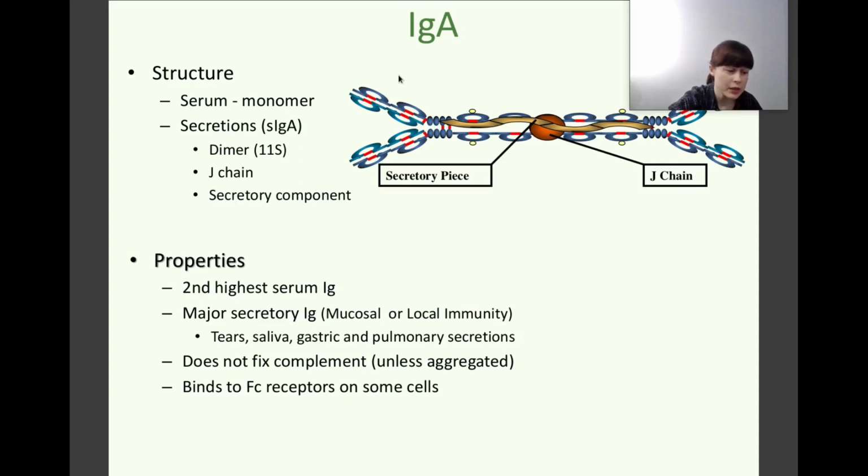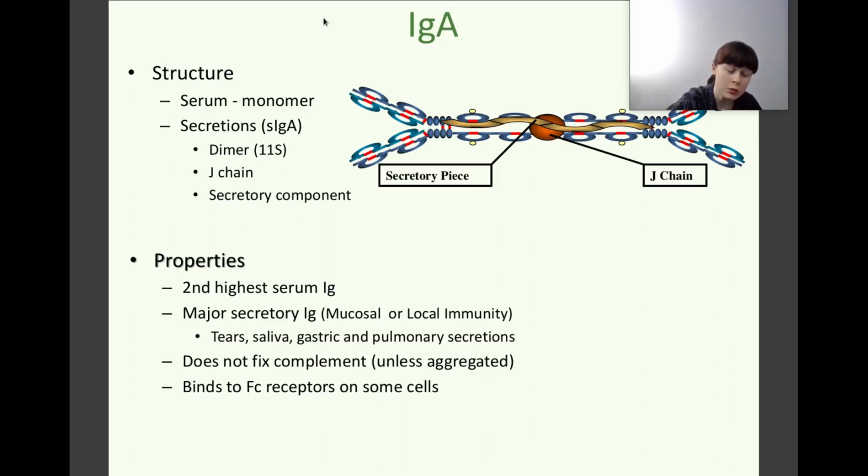Serum immunoglobulin A interacts with the Fc receptors expressed on immune effector cells to initiate various functions such as antibody-dependent cellular-mediated cytotoxicity. It can also cause degranulation of immune cells.